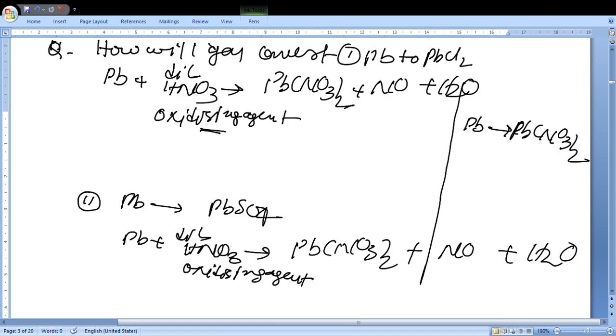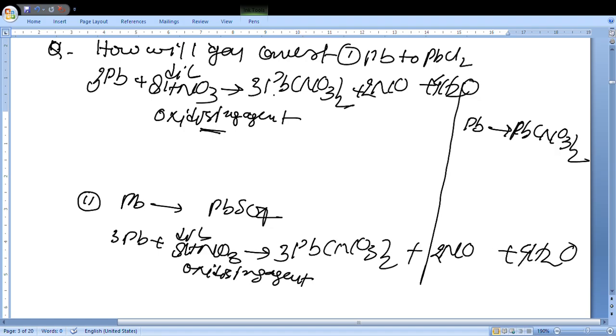Then a question is asked that we have to write the balanced equation. So you just learn it: 3, 8, 3, 2, 4.